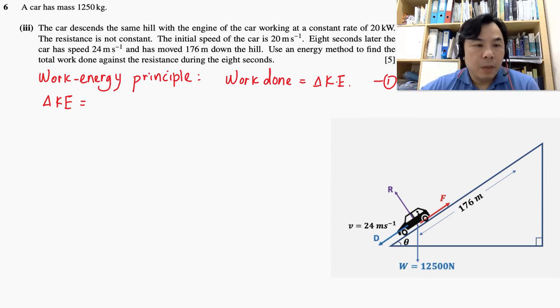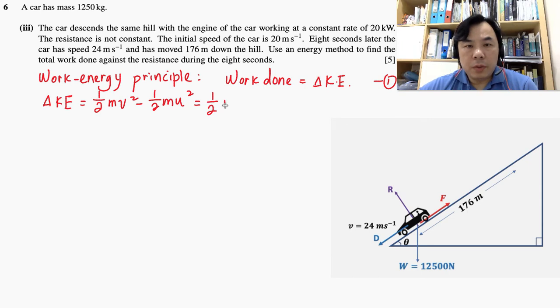The change in kinetic energy is the final kinetic energy minus the initial kinetic energy. So here we have half mv squared minus half mu squared.